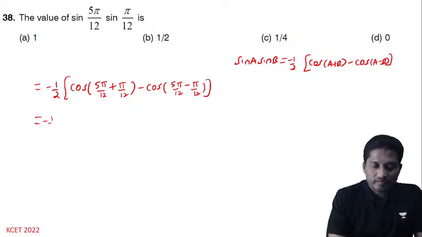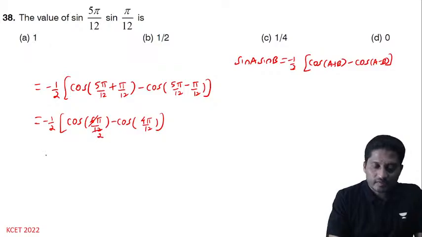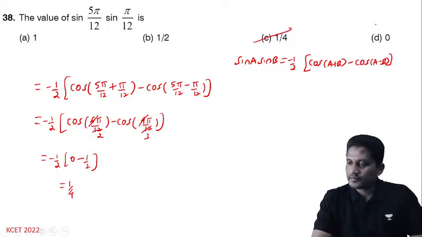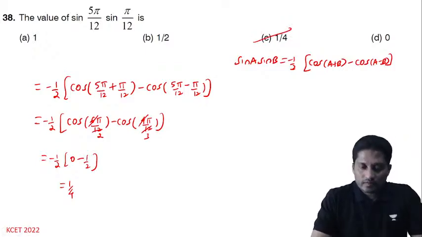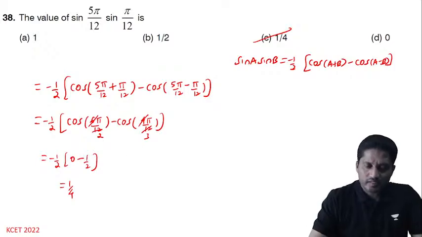So this is minus half, cos of 6 pi by 12 minus cos of 4 pi by 12. Minus 1 by 2, cos 90 is 0, this will cancel. Cos 60 is half. Minus and minus will be plus. Answer is 1 upon 4. Answer is option C. Cos 90 is 0, cos 60 is half. Alright, answer is 1 by 4 only. Let's move to the next question.